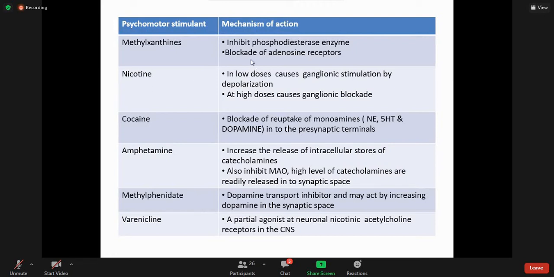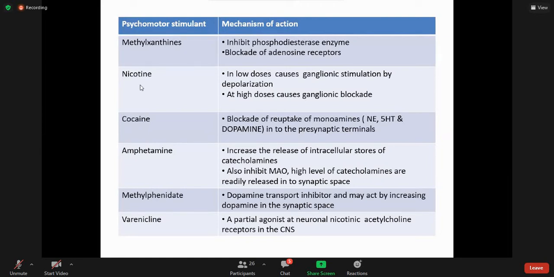Okay, this activity is not related to the psychomotor stimulant activity, but the inhibition of phosphodiesterase enzyme activity we can correlate with the psychomotor stimulant activity of methylxanthine, because the cyclic AMP level is required for mental alertness, mental activity. So this group inhibits the phosphodiesterase enzyme, which is responsible for the breakdown of cyclic AMP. So this is how we can raise the level of cyclic AMP.